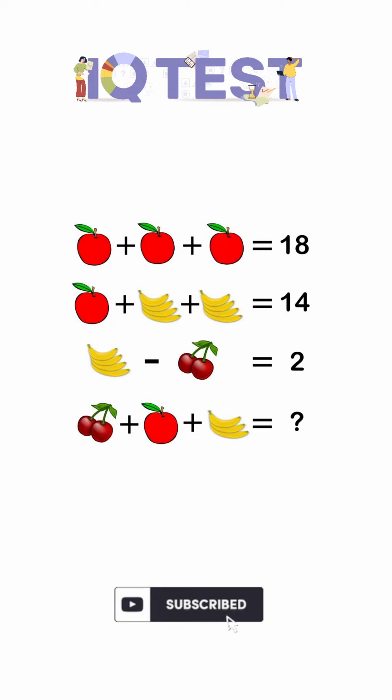Okay, so what of the cherry? What are you getting for the cherry? So the banana 1 is 1. But if you look at the bundle is 4. So 4 minus what will give you 2.